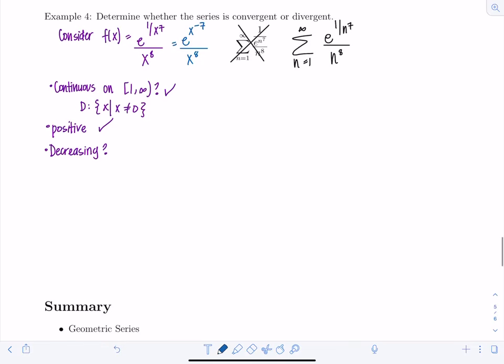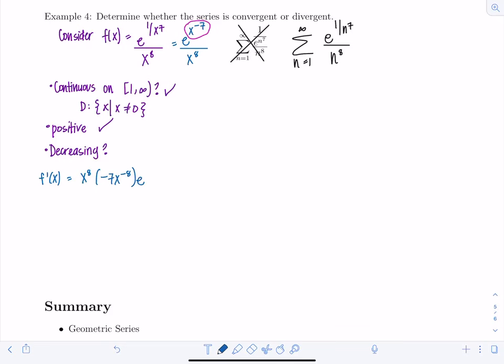So f prime of x is going to equal, I have the denominator, x to the 8th, times the derivative of the numerator. So the derivative of e to the x to the negative 7th is going to be e to the x to the negative 7th. And then by the chain rule, I have to multiply by the derivative of the exponent. So I'm actually going to have a negative 7x to the negative 8th, right?